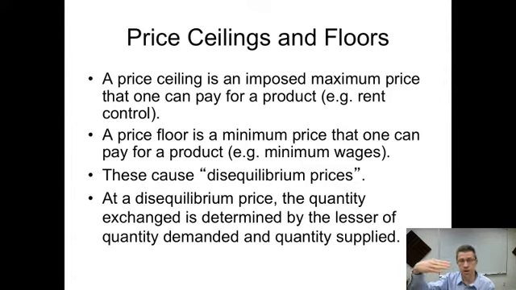The same is going to hold if you have the opposite, a price above equilibrium that is mandated by the government, a price floor. If $5 is the price and the government says it has to be 7 or more, well, sellers will think, what a great deal, and they will want to sell quite a bit more. But buyers are not going to think it's a good deal at all, right?